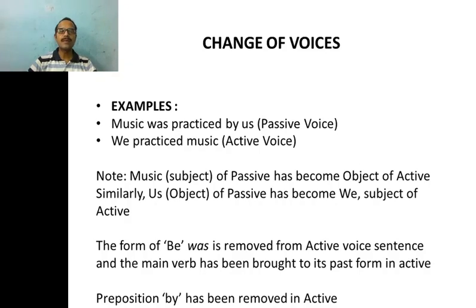And now look at the main verb in active voice. It is practiced. Mind you, the words may be same, but the forms are different. The practiced in passive voice is in past participle form, but practiced in active voice is past form. That's all. Only past form. Right? So they have changed form.